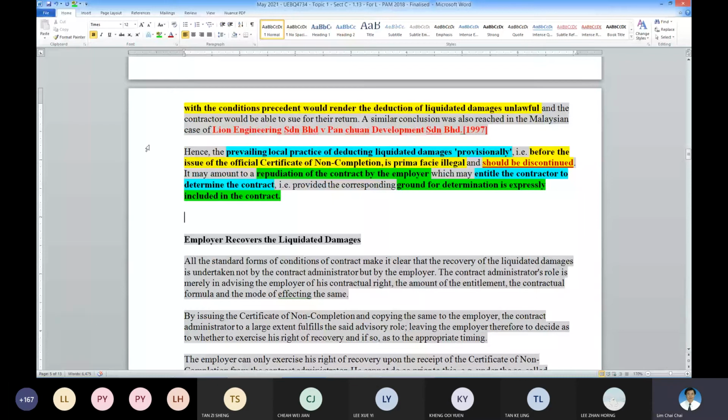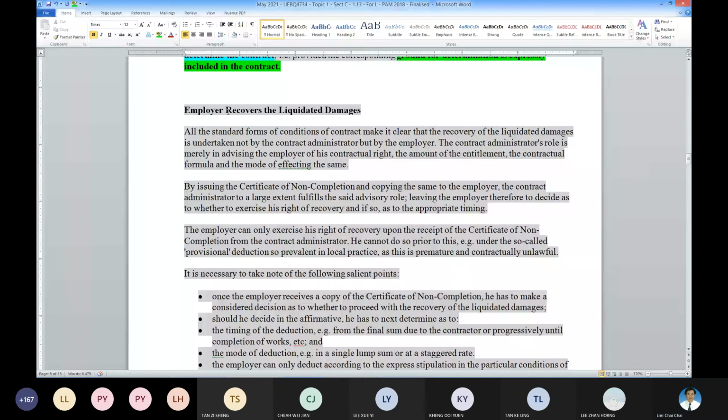So once it is done correctly, how does the employer take the money back? In all standard forms of conditions of contract, the recovery of liquidated damages must be by the employer. I repeat now countless times.